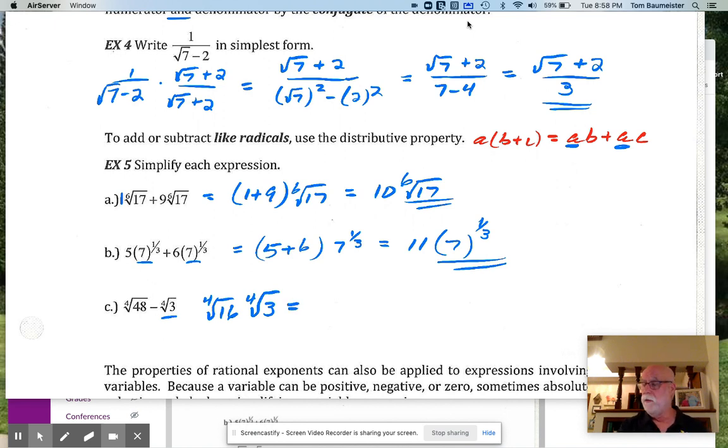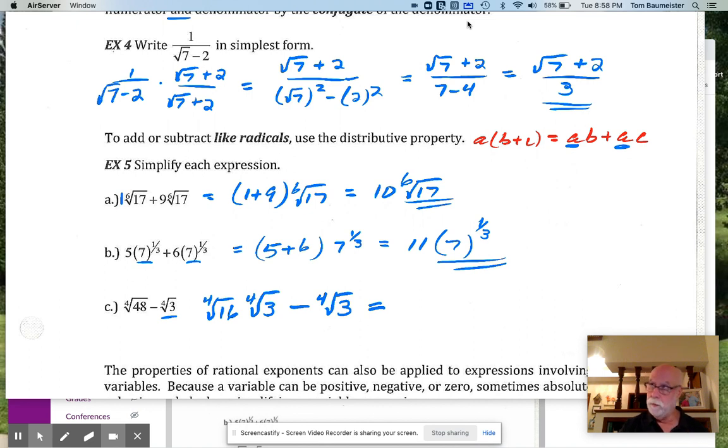So if I do that, I didn't mean to put the equals here yet. Then I can take minus the fourth root of 3. Now, I want you to think, what number times itself 4 times equals 16?